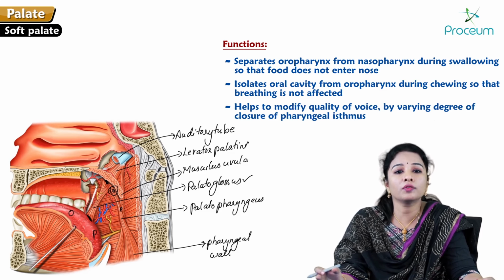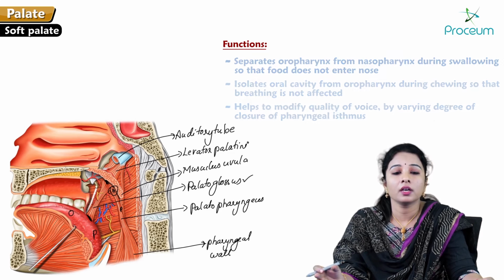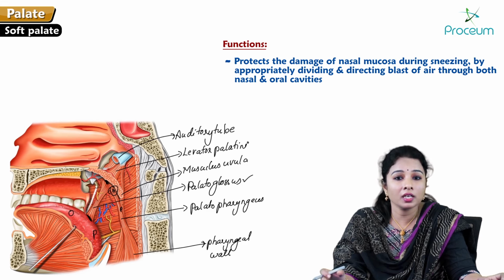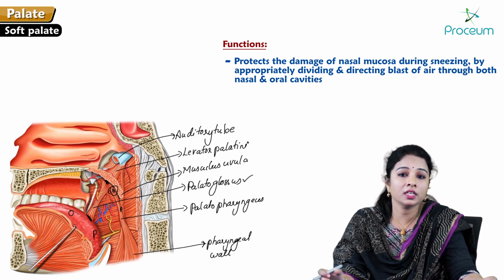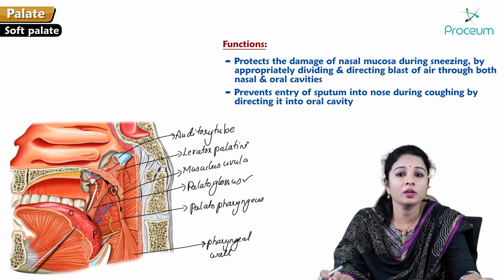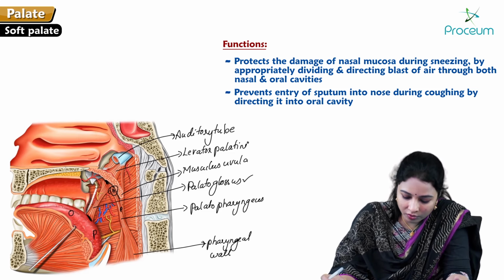It helps to modify the quality of voice by varying the degree of closure of the pharyngeal isthmus, and protects the nasal mucosa during sneezing by dividing and directing the blast of air through both nasal and oral cavities. It also prevents the entry of sputum into the nose during coughing by directing it into the oral cavity. So these are the functions of the soft palate and the muscles of the soft palate.